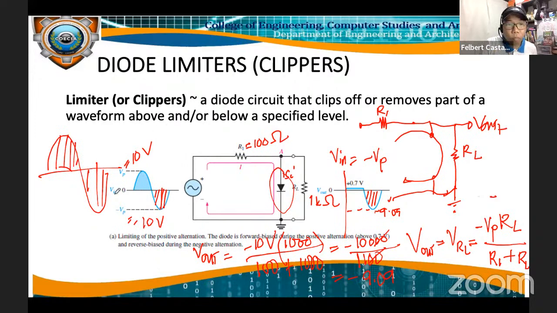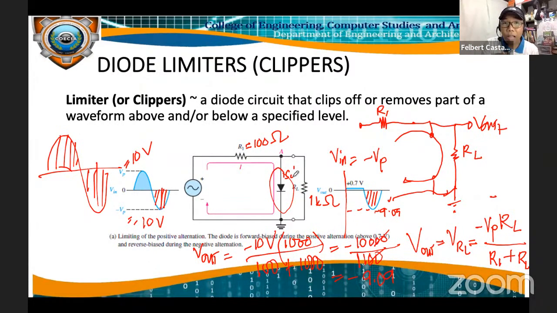Sinusoidal yan. So yung lalabas doon, di ba, pagka ito yung input natin, anong nangyari doon sa positive half cycle? Na-clip na siya. So yung level na mababasa mo is kung ano yung diode voltage. Kung ideal yan, so 0 lang, yan, DC, or 0.7 kapag silicon type na diode.